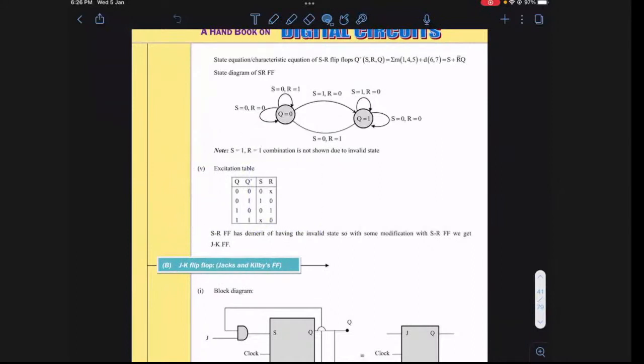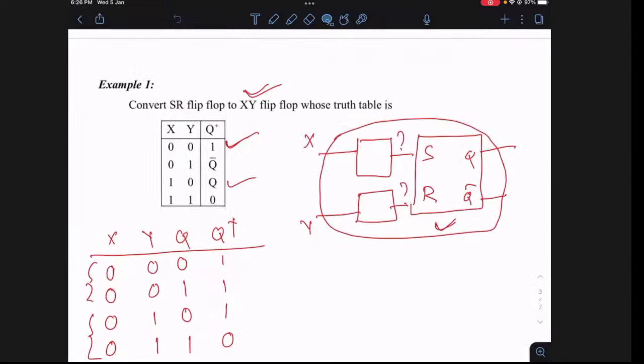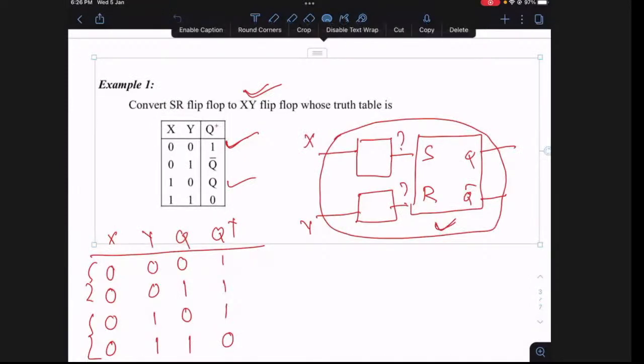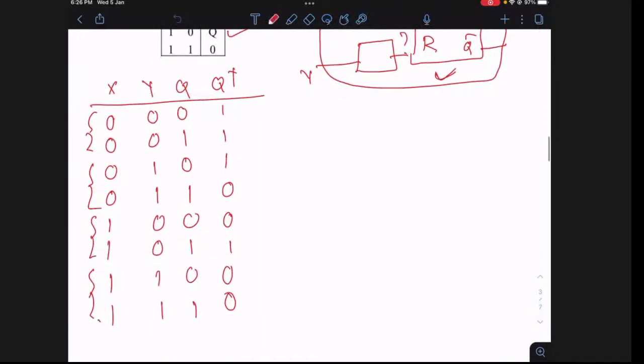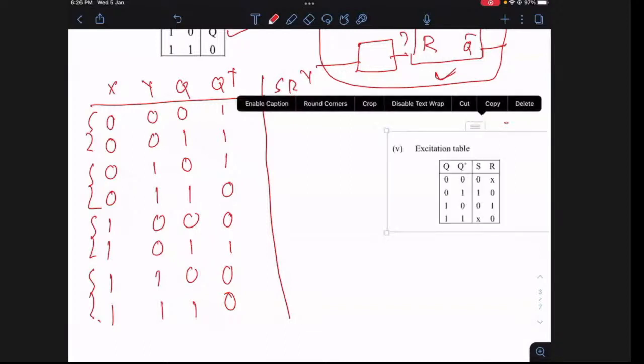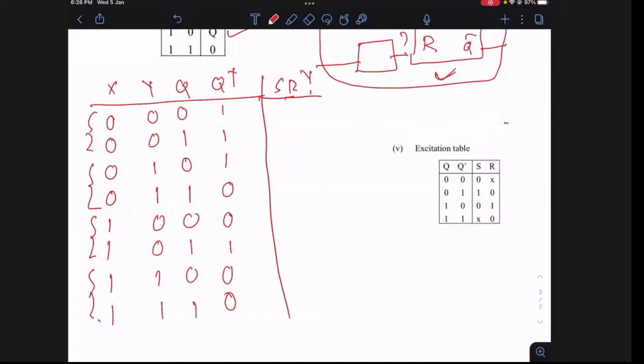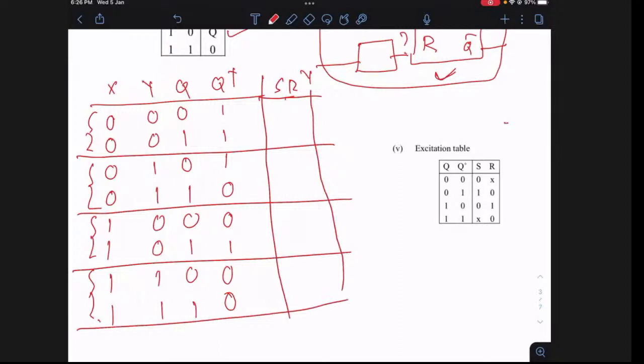So I am just copying this for your reference here. Okay. So let me put it here. This is for S and this for R. So you have to consider Q and Q plus, and you have to refer to this table and fill it up.